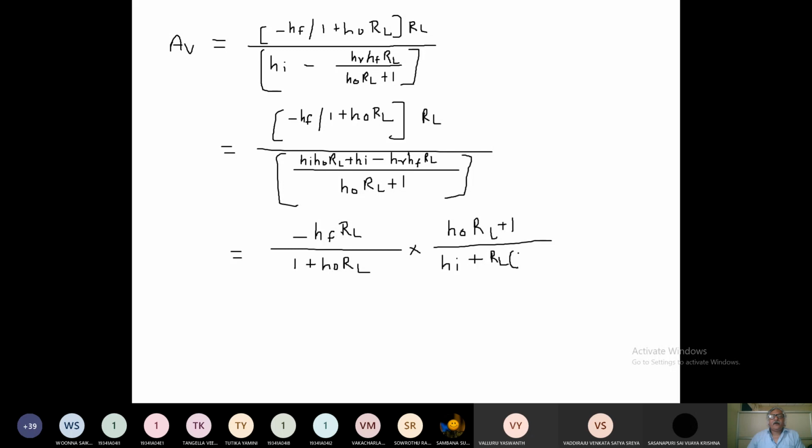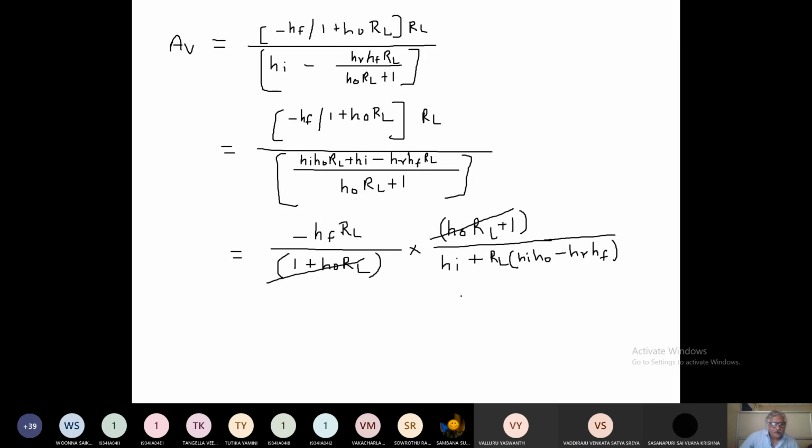So here it will be Hi H naught minus HR HF. Right? These terms will go to here. Okay. Now you see this numerator H naught RL plus 1, and in the denominator also we are having H naught RL plus 1. So these will cancel out.